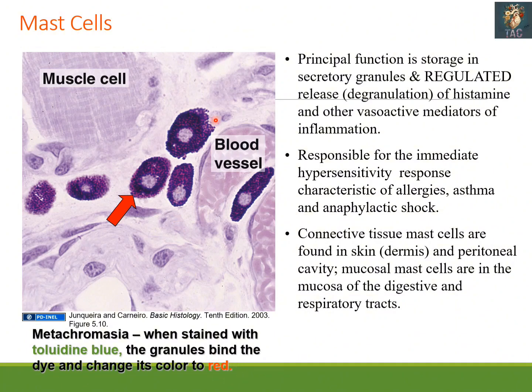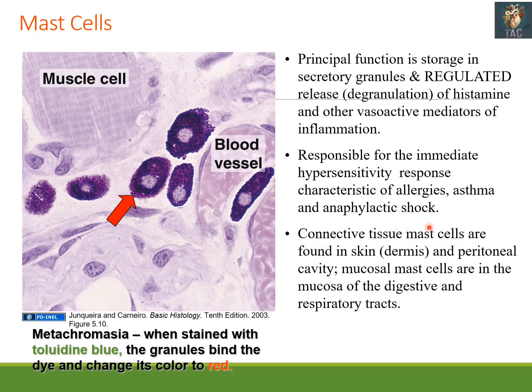Usually they are darkly basophilic in nature, but because of the toluidine blue dye, their color becomes red. They are responsible for the immediate hypersensitivity response, characteristic of allergies, asthma, and anaphylactic reaction.